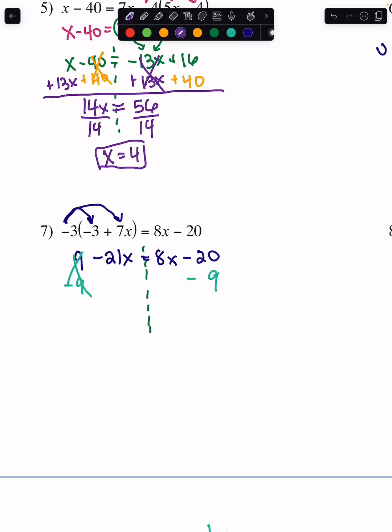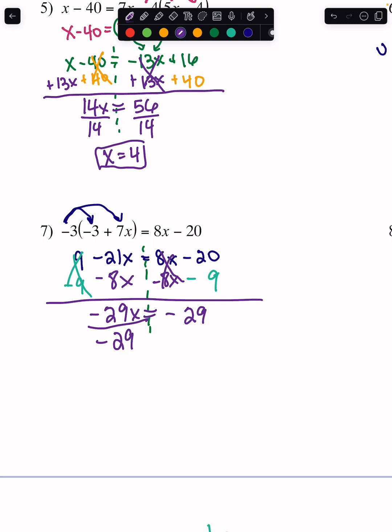That's going to take care of that. Negative 21x minus 8x is negative 29x equals negative 20 minus 9, negative 29. Divide both sides by negative 29. X equals a positive 1 because a negative divided by a negative is a positive.